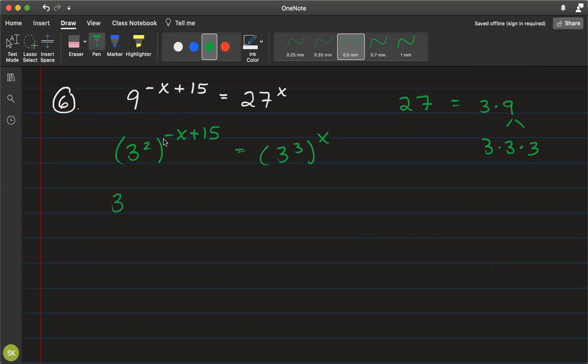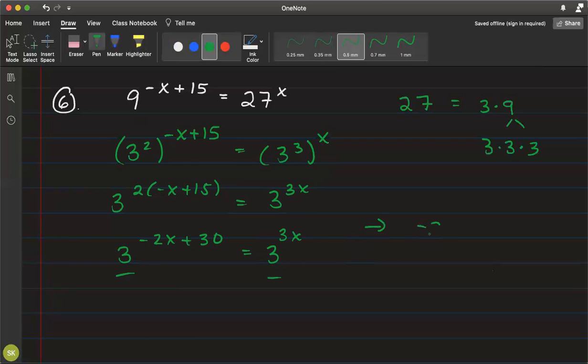Now from here, we multiply, so we get 2 times negative x plus 15 is equal to 3 to the 3x. And then distributing this 2, we get 3 to the negative 2x plus 30 is equal to 3 to the 3x. Same base, now we just set the powers equal to each other.